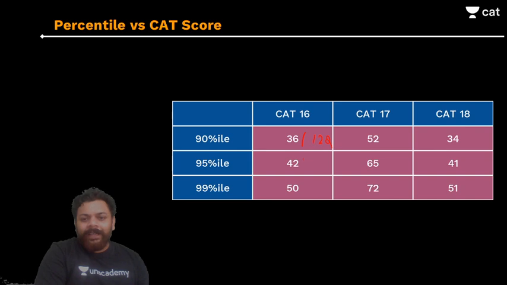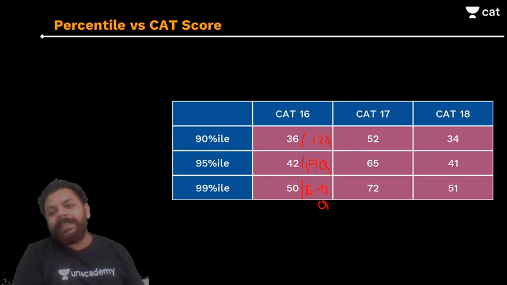For 95 percentile in CAT 16, this is 42, so you need to solve 14 questions. And for 99 percentile, 50 marks is there, so overall 16 to 17 questions.